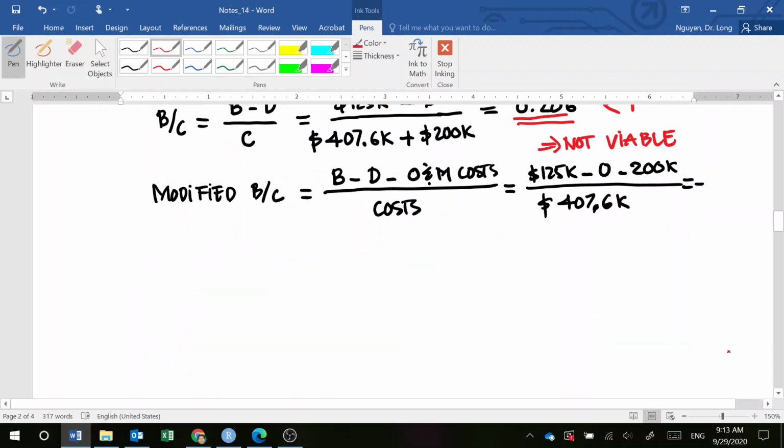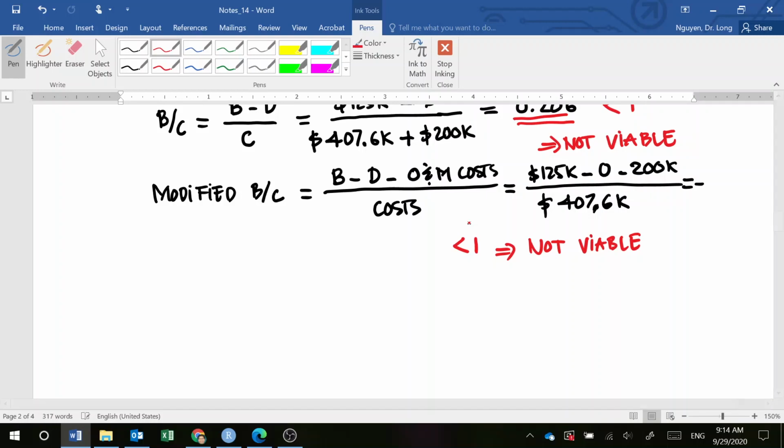This ratio is less than 1, it's not 1, so it's not viable. That will be the answer with the benefit cost analysis. And again, we can use benefit cost analysis to compare alternatives, but we have to use the challenger and defender concept. You should practice that in the additional practice problem in today's class.